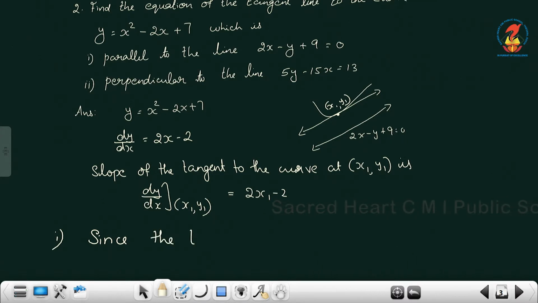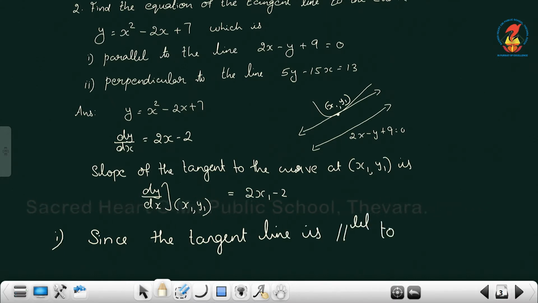Since the tangent line is parallel to which line? The line 2x minus y plus 9 equal to 0.